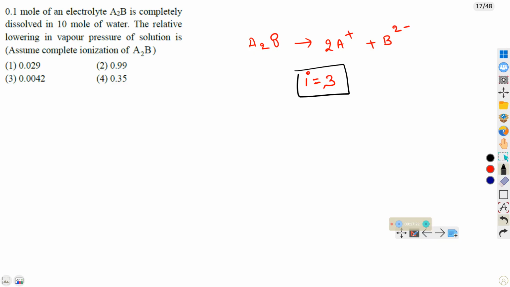It is dissolved in 10 moles of water; the relative lowering in vapor pressure of the solution, RLVP, is equal to i into the mole fraction of the solute. The mole fraction of the solute formula is number of moles of solute by number of moles of solute plus number of moles of solvent. Number of moles of solute is 0.1. The value of i is 3. Substitute.